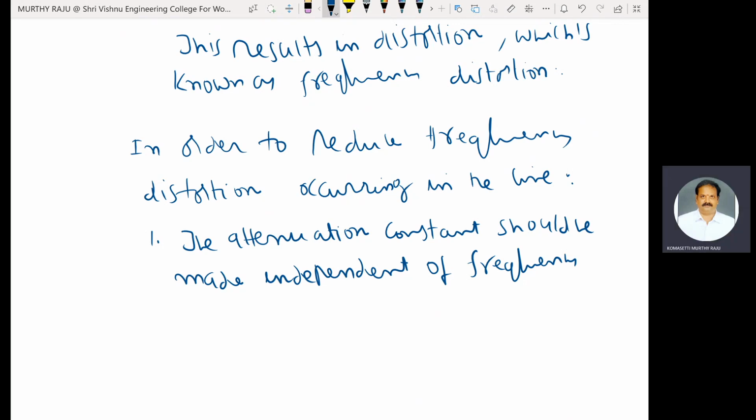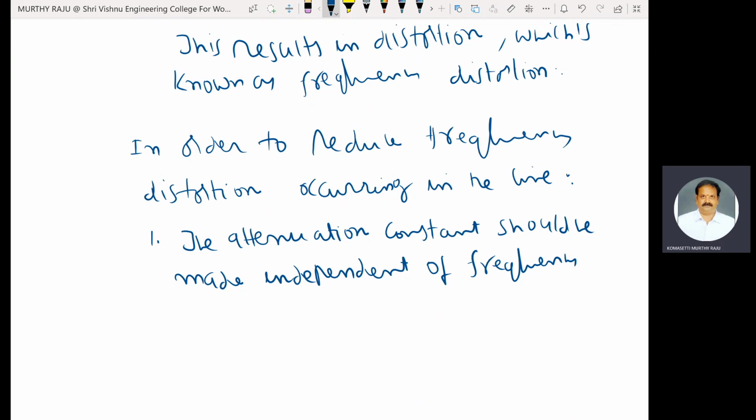That is, the different frequency components undergo different attenuations. Hence, the received end waveform will not be identical with the input waveform at the sending end. The resultant distortion is known as frequency distortion. Our aim is to reduce the frequency distortion occurring in the transmission line. The attenuation constant should be made independent of frequency.